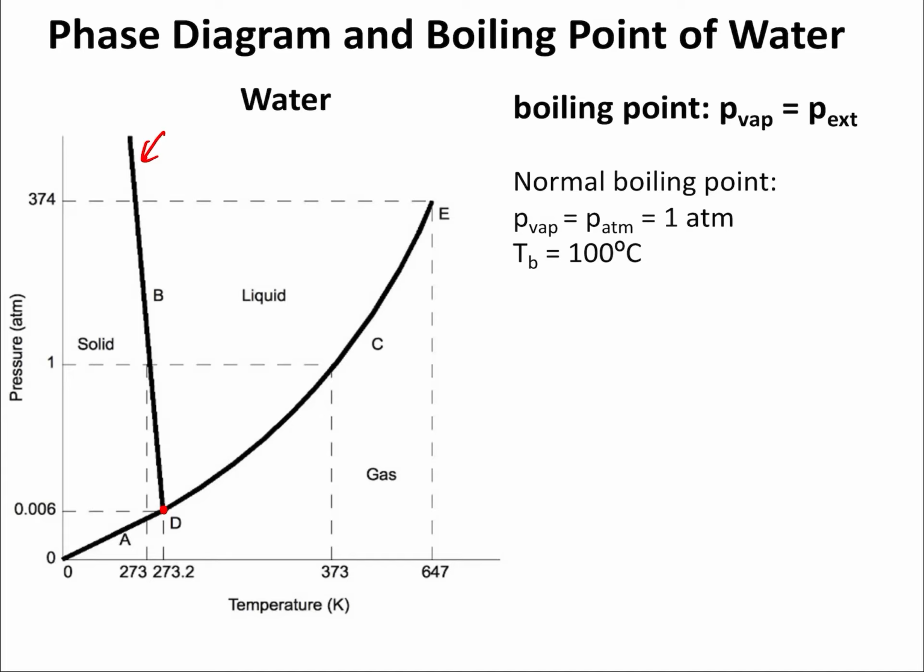This is a very unusual property of any substance. Most substances, this line will go off to the right, but in water it doesn't. It goes off to the left. This means that solid water has a lower density than liquid water.